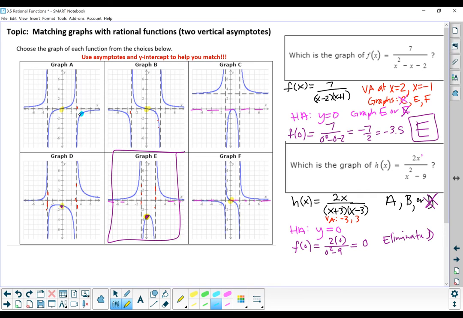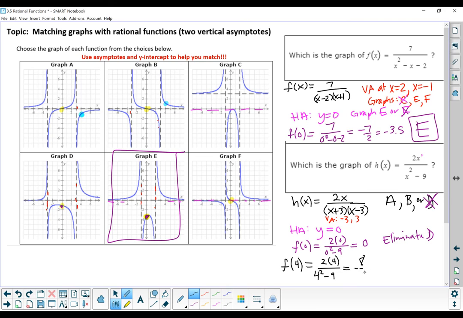So I can see that for x equals 4, graph B is above the x-axis, is a positive number close to 1, and for graph A, it's a negative number. So just find a spot where the two functions are different and evaluate the function for that number. So I'm going to sub in 4. This would be 2 times 4 over 4 squared minus 9.